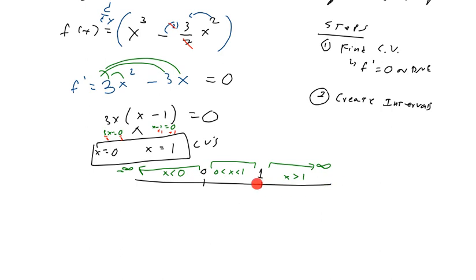And at the 0 and the 1, the graph is going to be either a top peak or a bottom out, and the same thing at 1. I don't know yet which shape it is. To figure it out, we do our first derivative test.